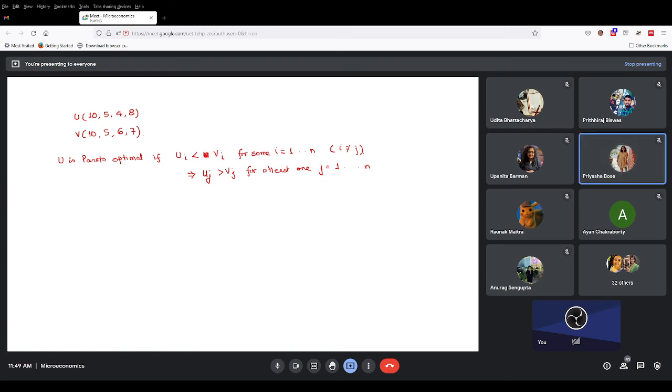So in this case, you can see that U3 is less than V3, but U4 is greater than V4. And for the remaining cases, for U1 and U2, these are equal.